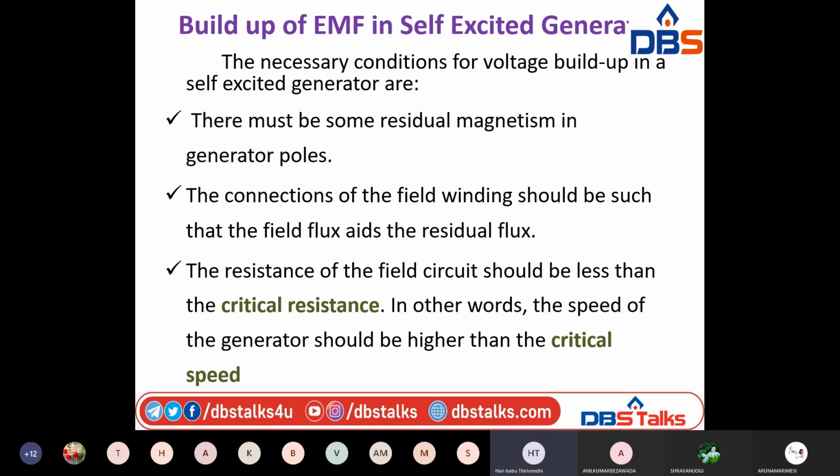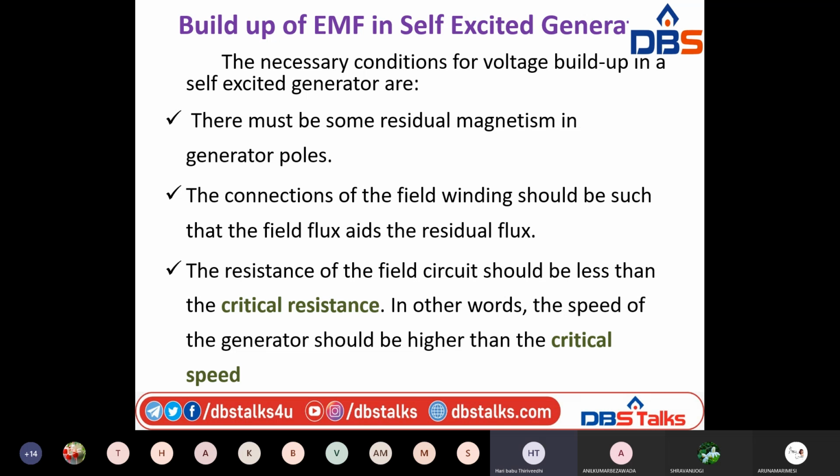At the time of manufacturing, the generator is tested. At the time of testing, they give the supply so that the motor runs, the generator runs, and it produces some voltage. After that, they shut down, switch off the supply, and sell the generator to consumers.